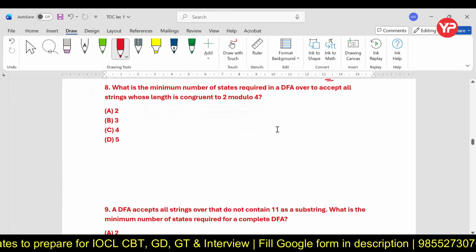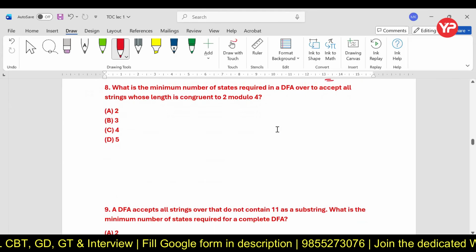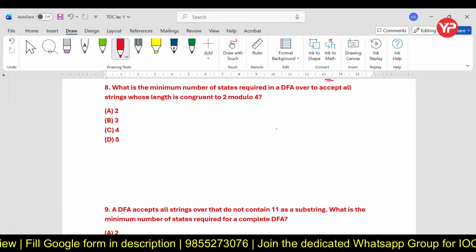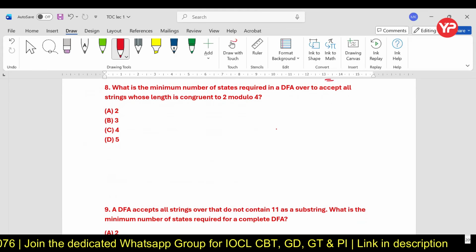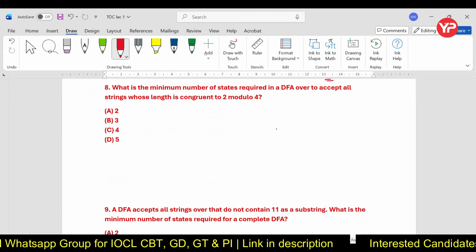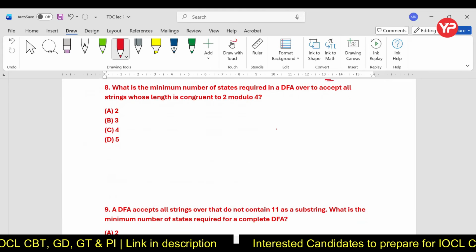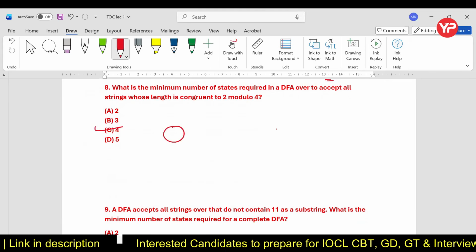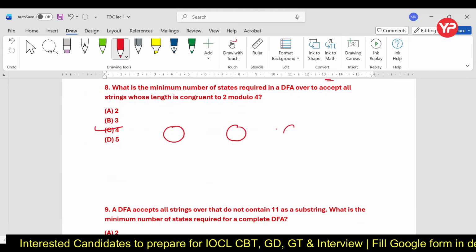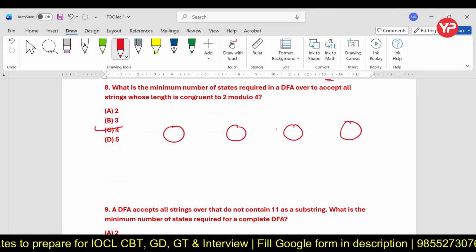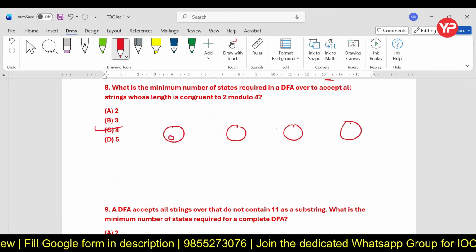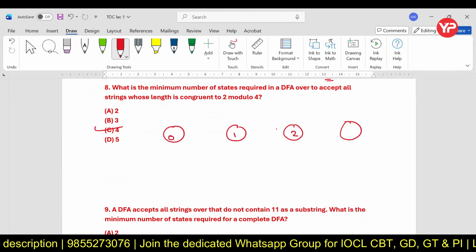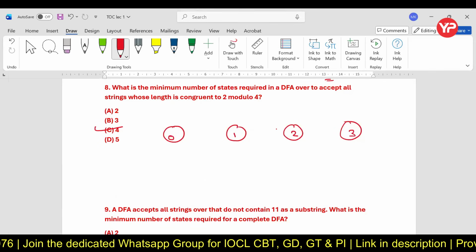Now tell me, what is the minimum number of states required in a DFA over {0,1} to accept all strings whose length is congruent to 2 mod 4? It means the remainder is 2. So again, it is a modulo 4 machine. We require 4 states, my dear students: 1, 2, 3, and 4. Finally, this one gives me remainder 0, this gives me remainder 1, this gives me remainder 2, and this gives me remainder 3.